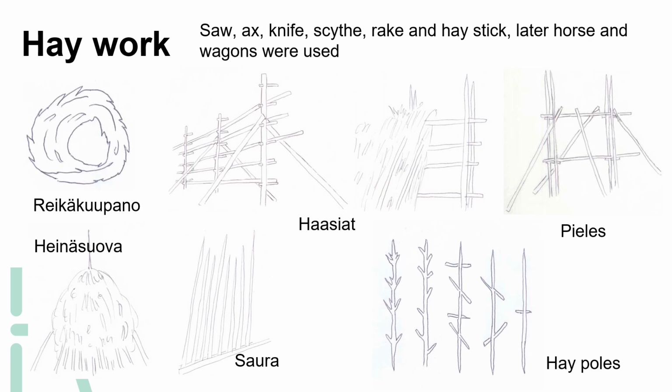In Finland, we don't always have very good weather, and we nearly always have to dry hay over very long periods. So the hay work was one of the works that took most of the power, to collect this fodder for the animals so that they could have food during this long winter time that we have in Finland.